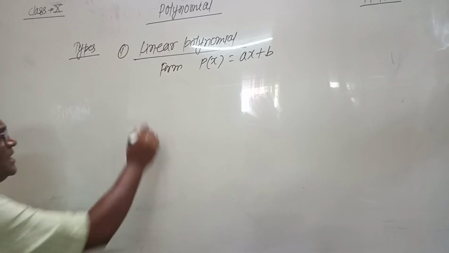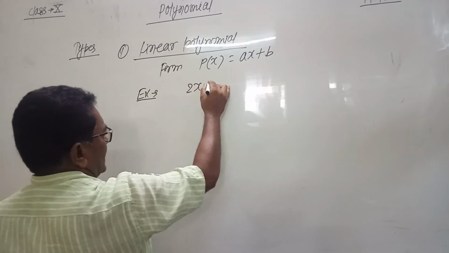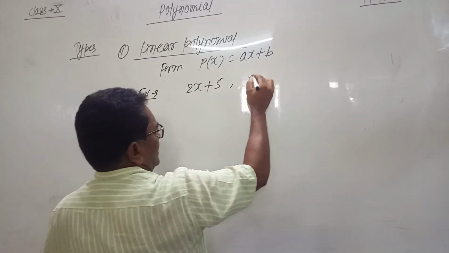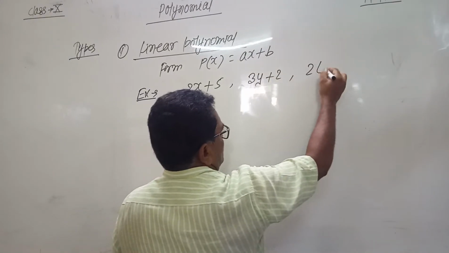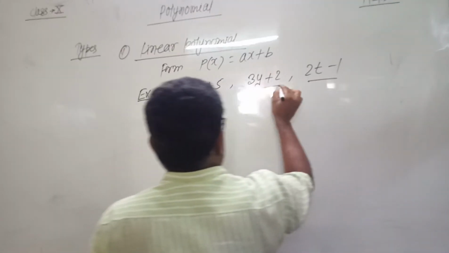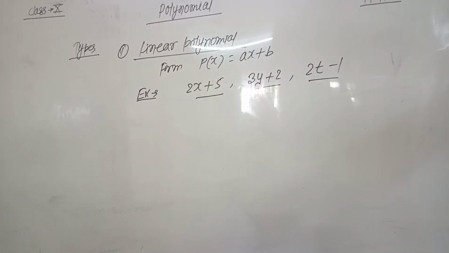Then it is called a linear polynomial. As for example, 2x plus 5, 3y plus 2, 2t minus 1. All these are called linear polynomials because their degree is 1.